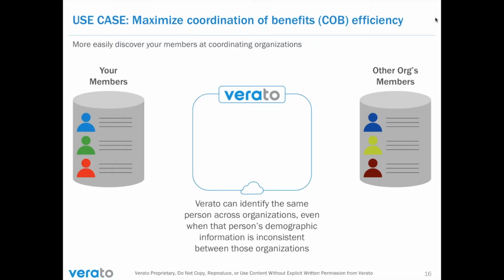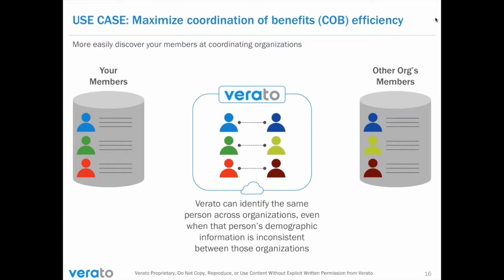And again, you can inject Verado in the middle of this process to be able to use our referential database to expand the number of attributes and pieces of information you're working with to ensure that you really do get the right match, so that you can say, hey, I'm going and coordinating with this other agency. There's multiple addresses that you might know Joe by. You might know him as Joe, you might know him as Joseph. His birthday might be March 28th.